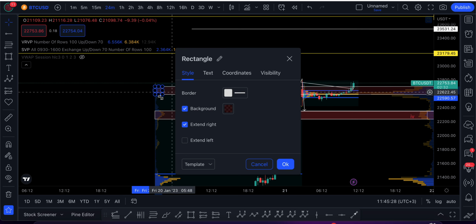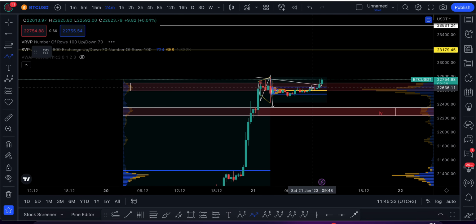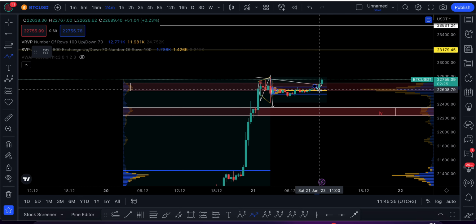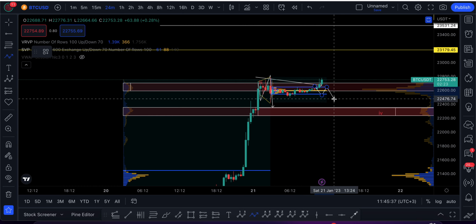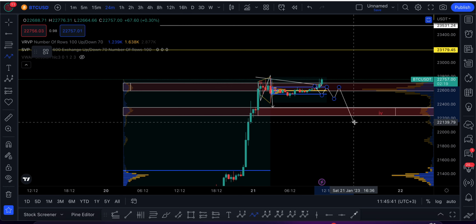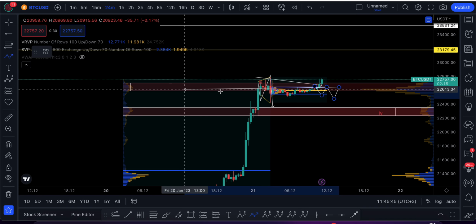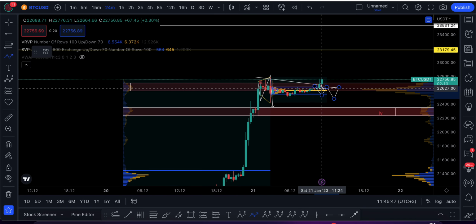As you can see, this node that is forming, if we were going to lose momentum and start bouncing off this, it means we're going to drop in this area, or lower, right? But as you can see, this node is acting as support.